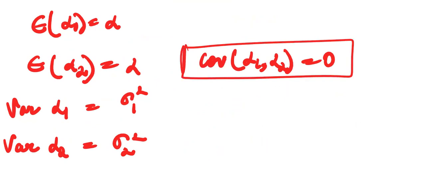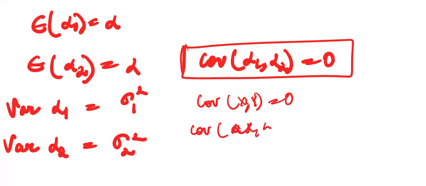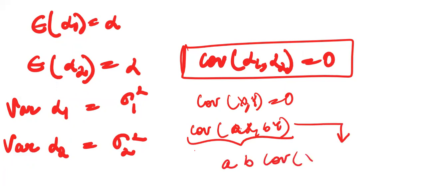Now I will use this property. If the covariance between x and y is 0, what is the covariance between ax and by? The covariance of ax, by, which I've already proved in the statistics class, is nothing but a into b into the covariance of xy.